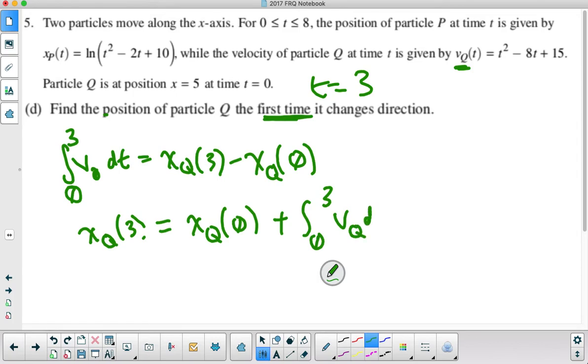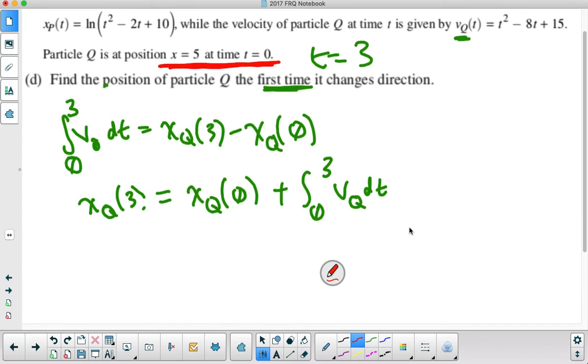Sorry. Okay, so the first part here, xq of 0, we know from this information right here, x of Q at time t equals 0, we're given that answer is 5. So we already know that. That's your starting position, that's 5.